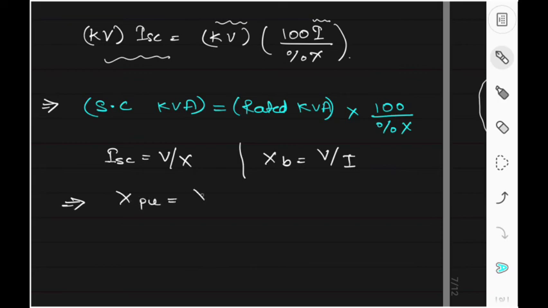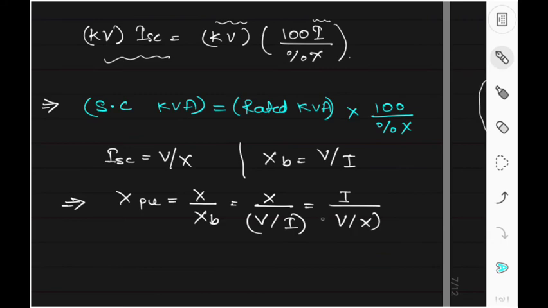X per unit is actual reactance divided by base reactance. So we can write this as X divided by rated voltage divided by rated current, which is equal to I divided by V by X, right?